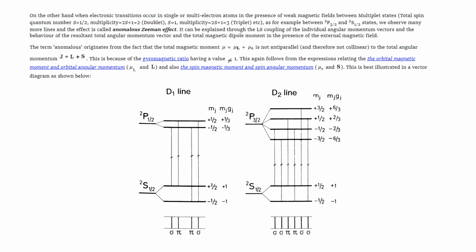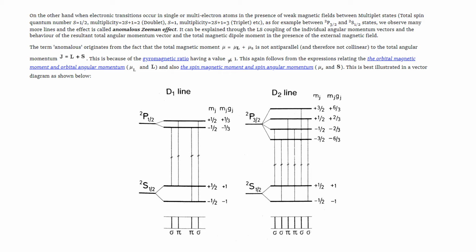Now these two, mu l and mu s, are not collinear to the total angular momentum J equal to L plus S. The reason for the non-collinearity is the gyromagnetic ratio.